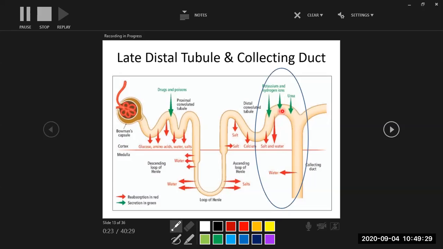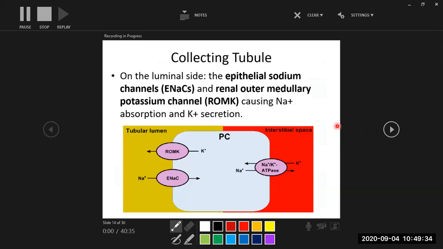Here in the epithelial cells of the collecting tubule, we have two very important channels: the ENaC, the epithelial sodium channel, as well as the potassium channel, the renal outer medulla potassium channel, ROMK.